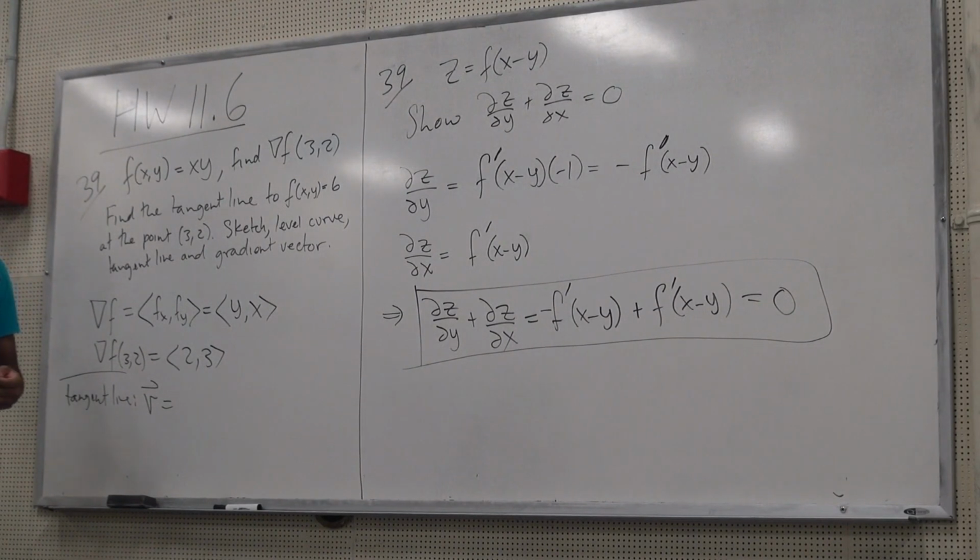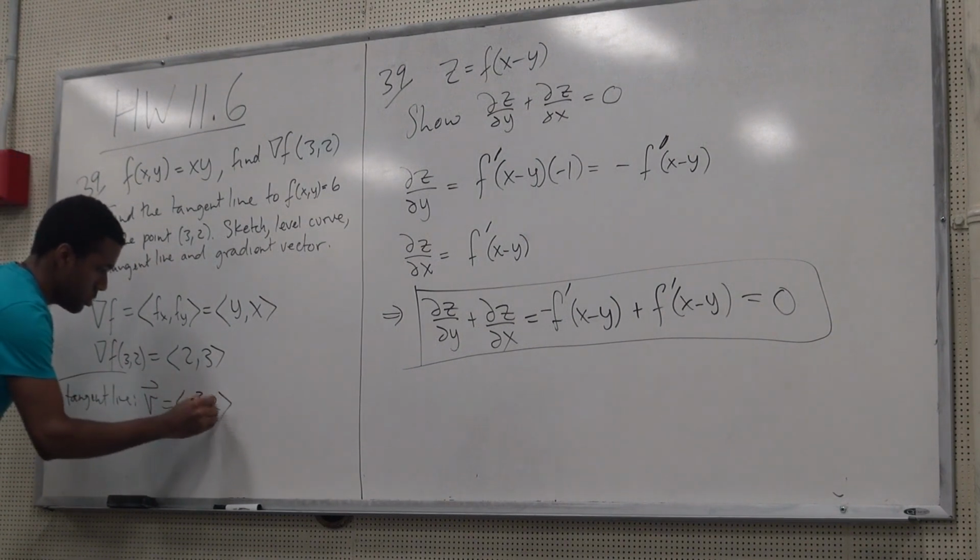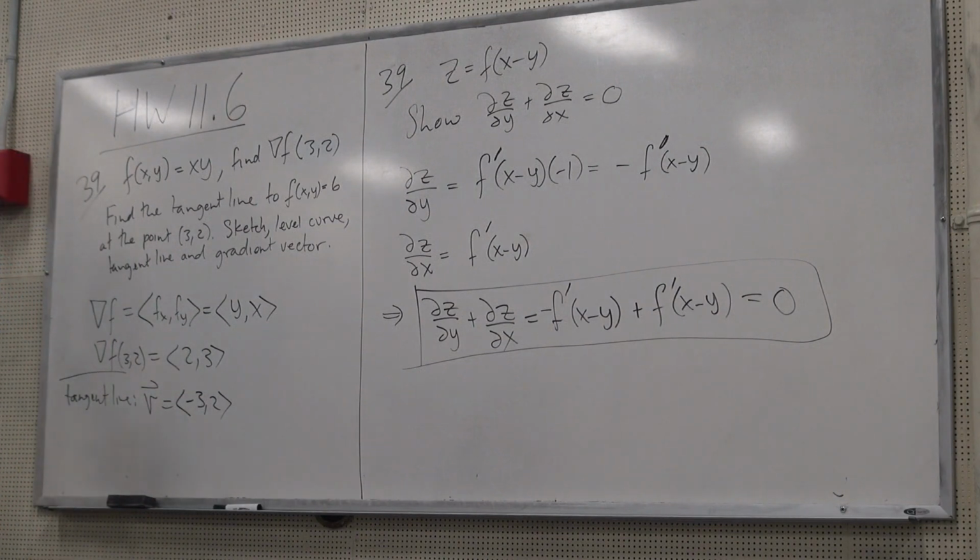What do we know about the relationship of the gradient vector to the tangent line? They should be orthogonal. What's the direction vector for the tangent line? Negative 3, 2 or 3, negative 2, something like that.